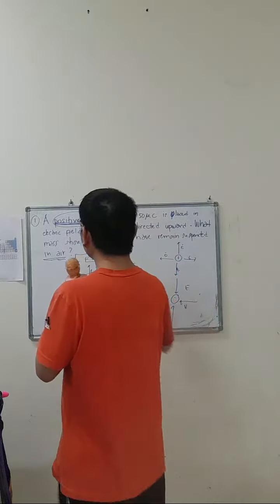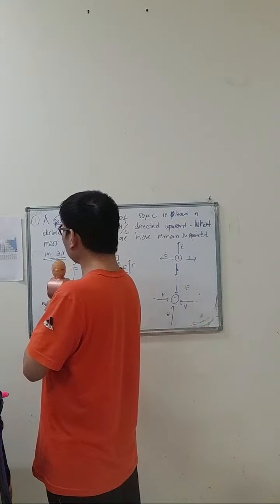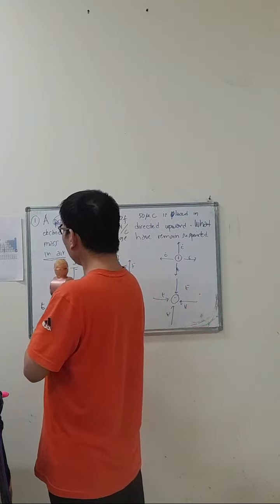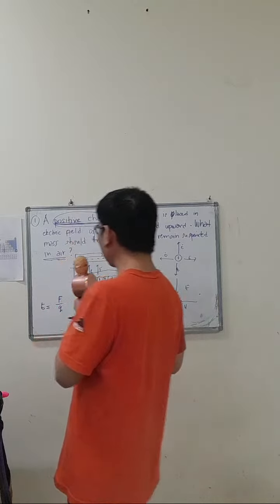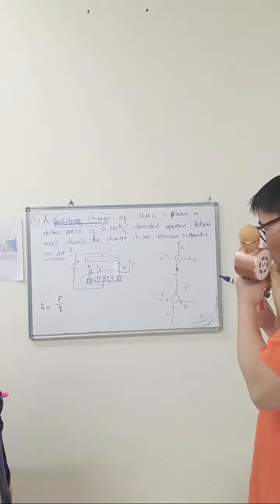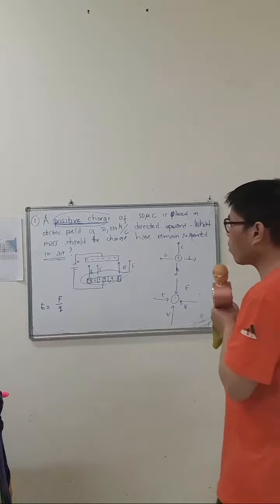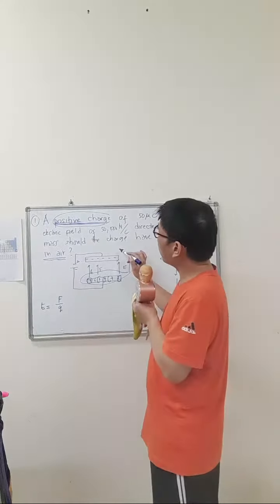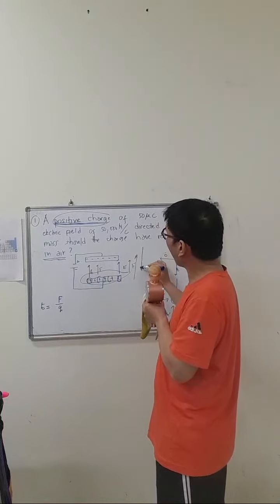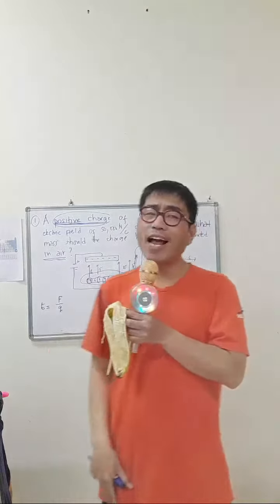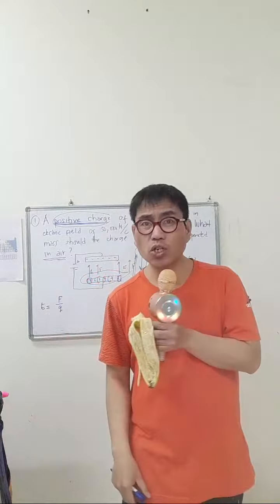So, what is the formula of electric field? Electric field is equal to the electric force over Q. Ganon. Okay? Now, this force is going upward, so we also have a force going downward. So, this is under the influence of vertical motion.